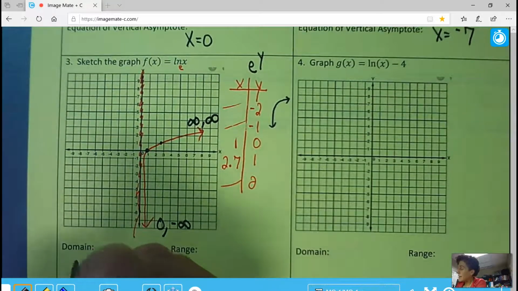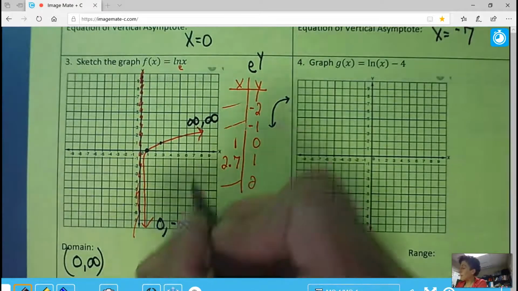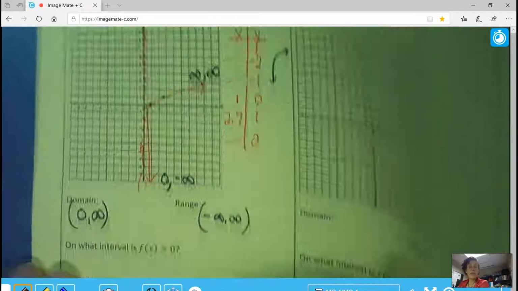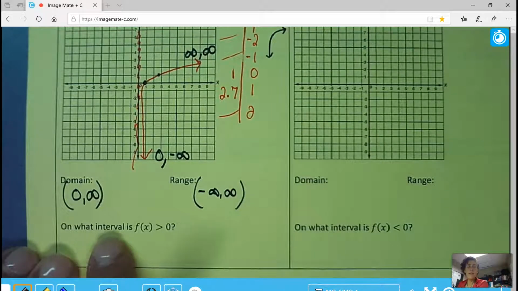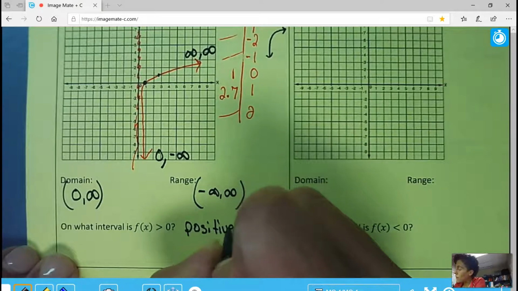So my domain is 0 to infinity, smallest x and biggest x. And my range is -infinity to infinity. And again, you can always write all real numbers if you want. This is just a reminder on what intervals is f of x or y greater than 0. So the way you've seen that phrased is, where is it positive?